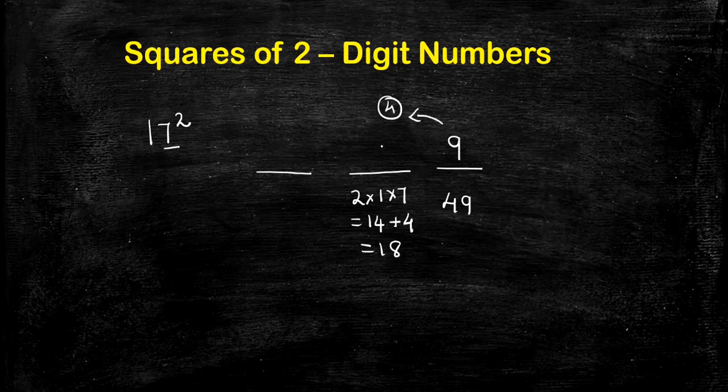Again, as this place can hold only one digit, I will write 8 here and push the carryover to the next place. Now this part will have 1 square, which is 1, plus the carryover. So I get 2 here. Therefore, the square of 17 is 289.